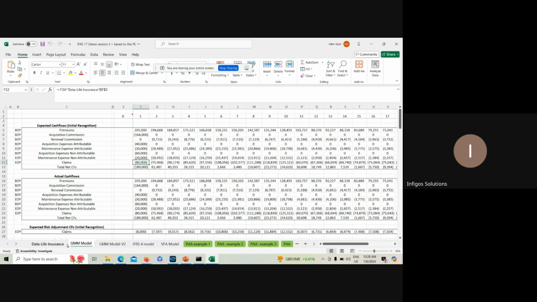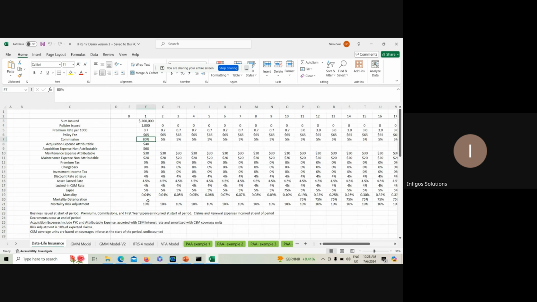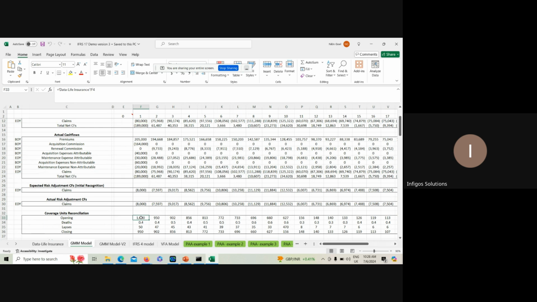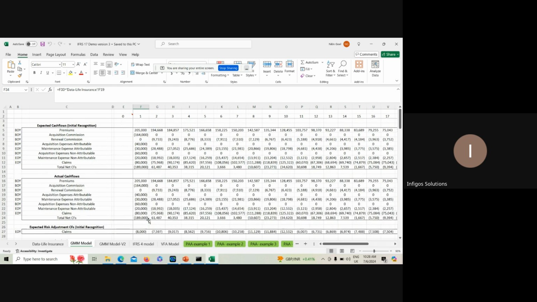Sum assured is F34, F34 is this. This amount multiplied by the sum assured. If you multiply by the sum assured and by death, it will give me how many claims are going to come to me. Is that okay?